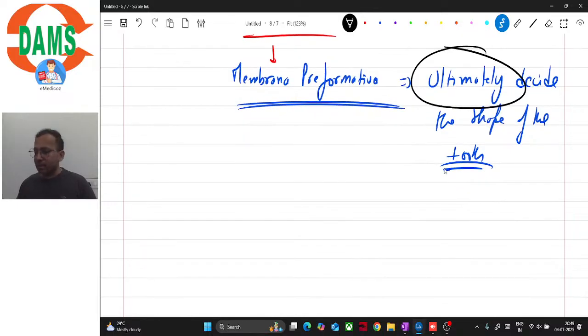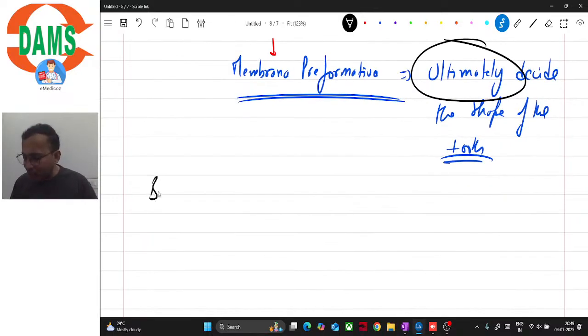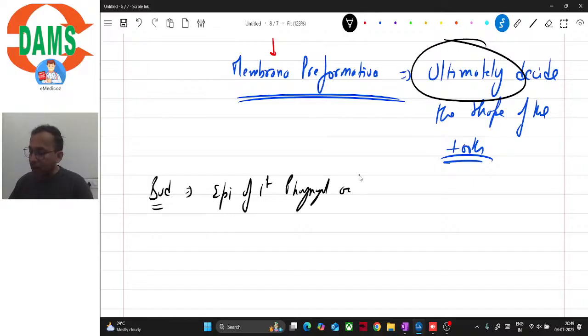Is it clear? So let's say if someone asked you what will decide the shape of tooth in bud stage, then your answer is going to be the epithelium of first pharyngeal arch.